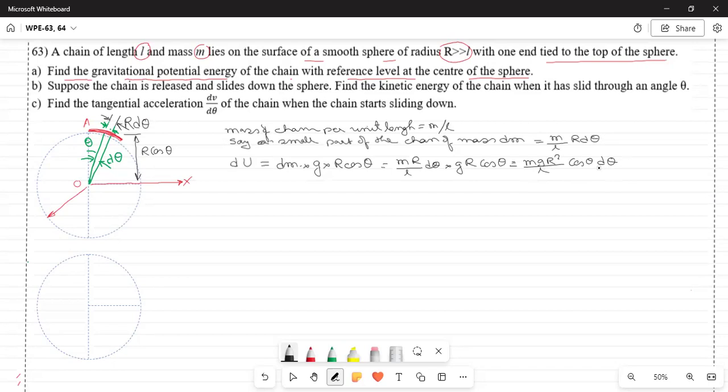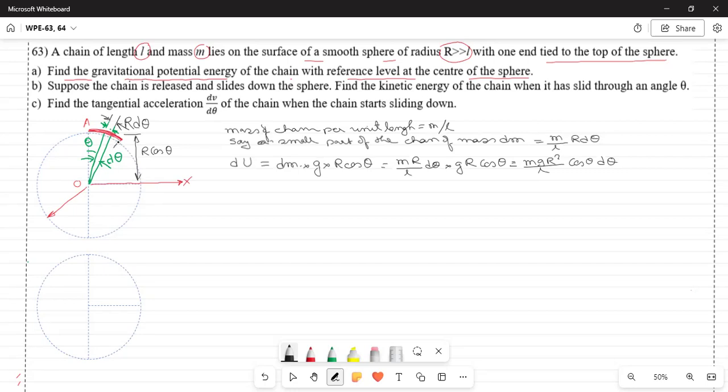Now, obviously, we can find the potential energy of the entire chain if we integrate this function from theta equals 0 to L by R. This total angle will be, of course, L by R.